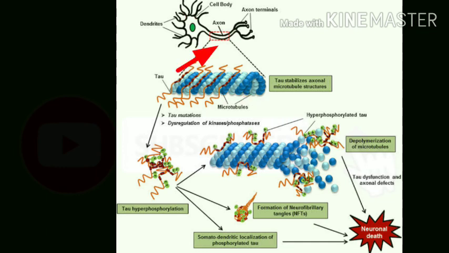Axons are long thread-like extensions that conduct nerve impulses away from the nerve cell. Dendrites are the short branched thread-like extensions that conduct nerve impulses towards the nerve cell body. In Alzheimer's disease, the tau protein is abnormal and the microtubule structure collapses.